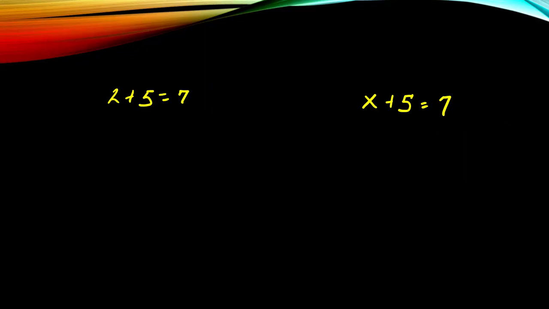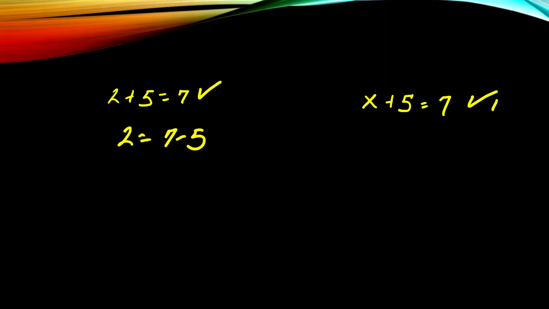Now, in this situation, we're going to have this original equation that we've been using, and this time we're going to mix letters and numbers. So we'll follow through. The first thing I'm going to do is write 2 equals 7 subtract 5, following the same pattern.